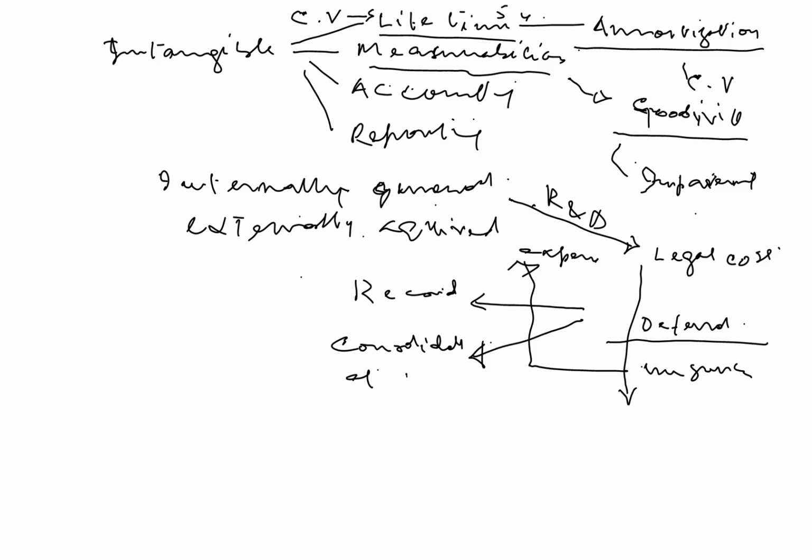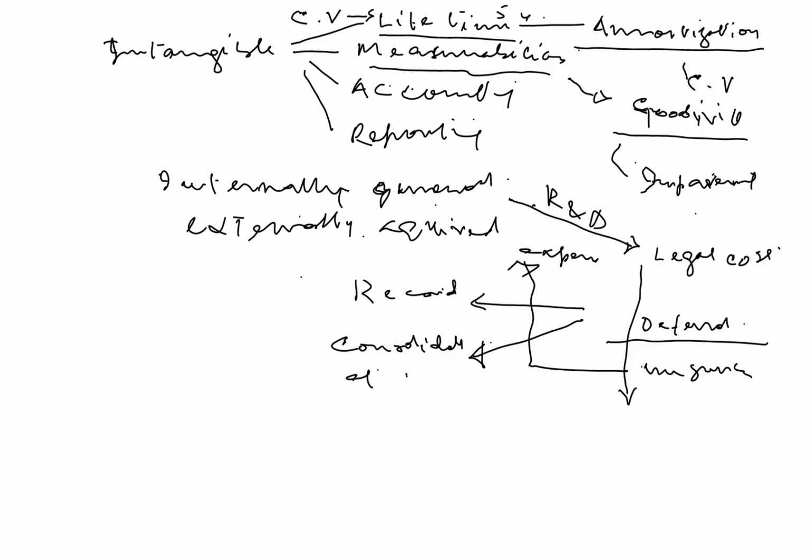For a certain period of time, we amortize it. We incur more costs to defend our infringements, and once they are successful, we report it in the carrying value. Once they are unsuccessful, they go into expense. So the successful efforts are added to the intangible value. Unsuccessful go into expense. So we need to be very clear.